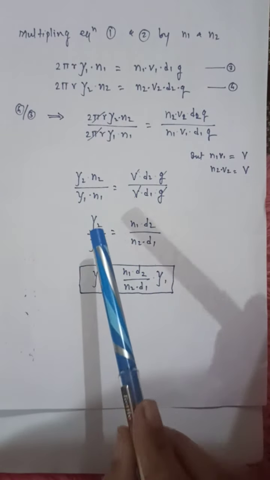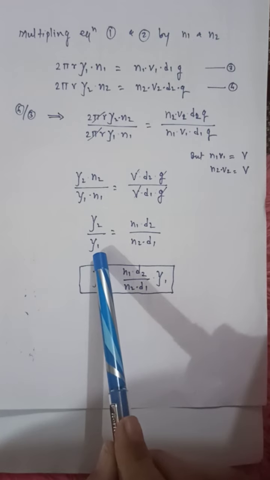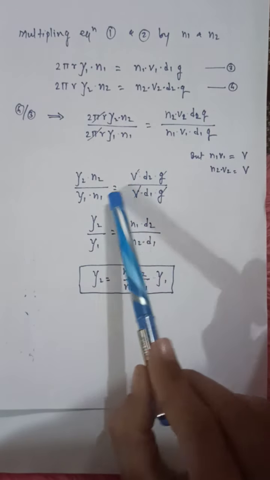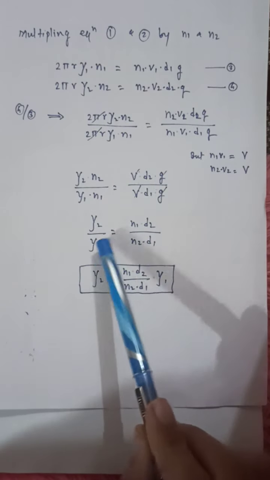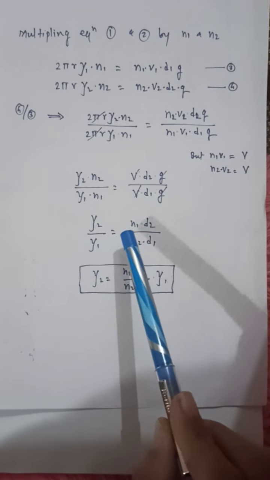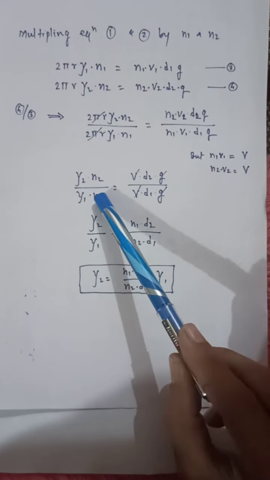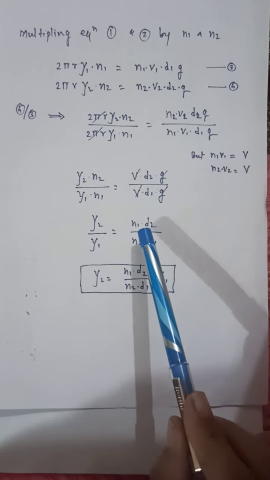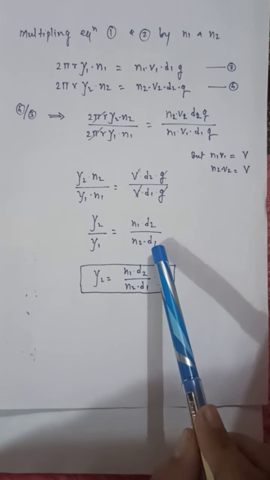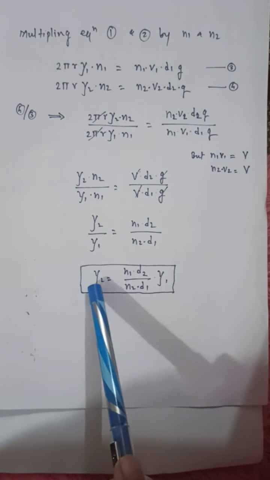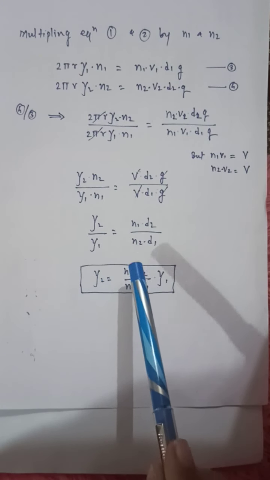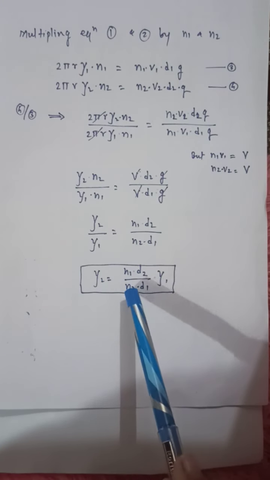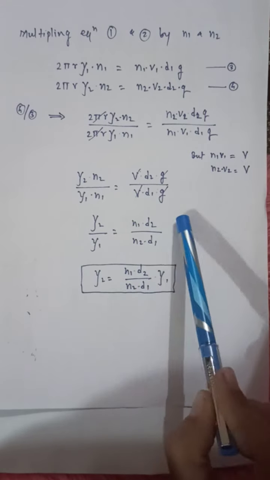So finally, gamma 2 by gamma 1 equals N1 D2 upon N2 D1. So finally, gamma 2 will be equal to N1 D2 upon N2 D1 into gamma 1.